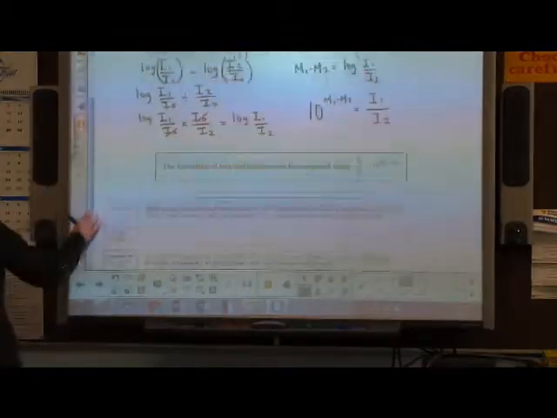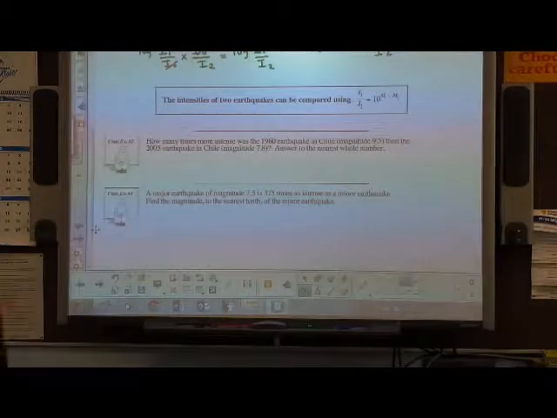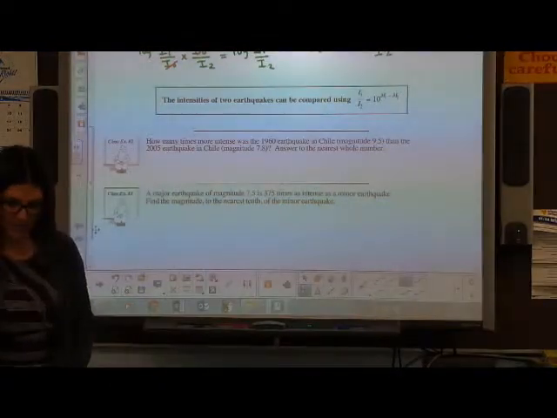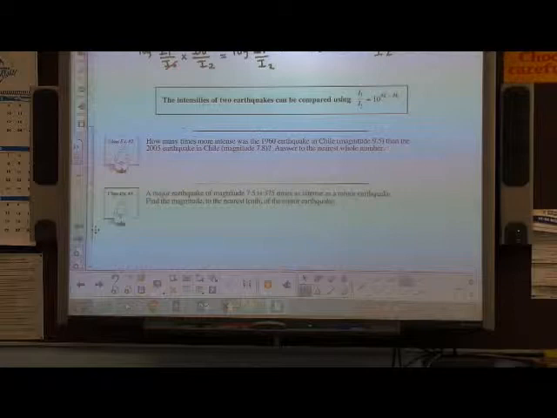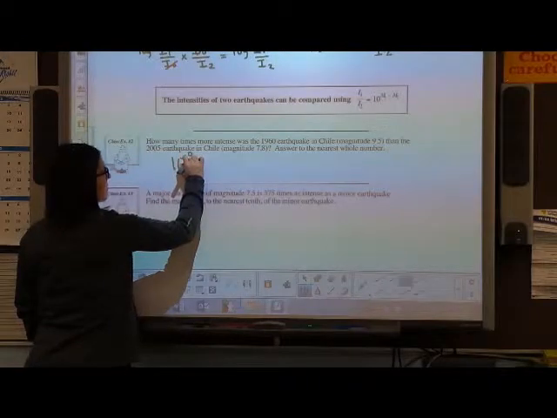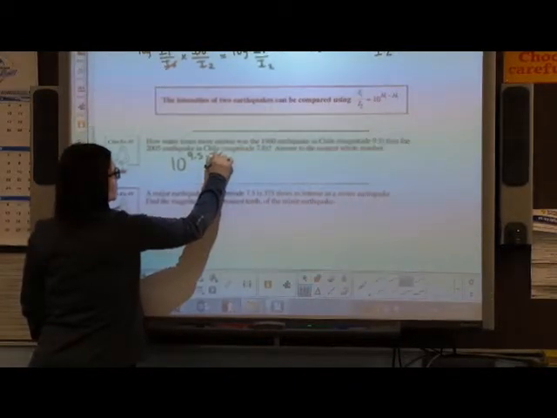So if we go to that question, the 1960 Chile earthquake, which was 9.5, and the 2005 earthquake, which was 7.8, this would be 10 to the power of 9.5 minus 7.8.